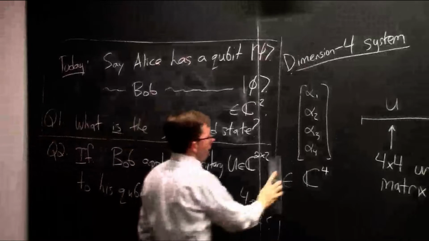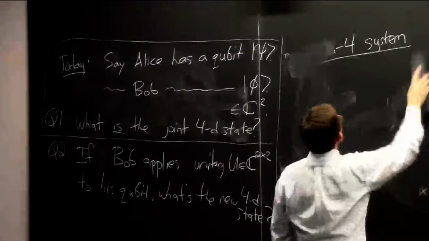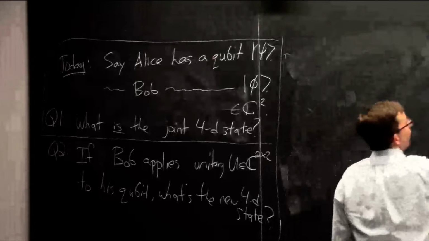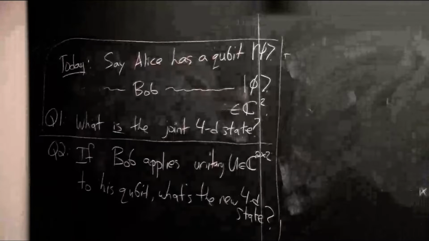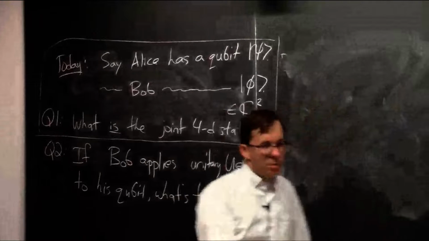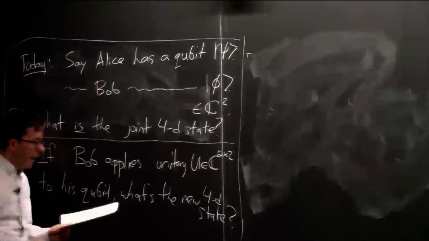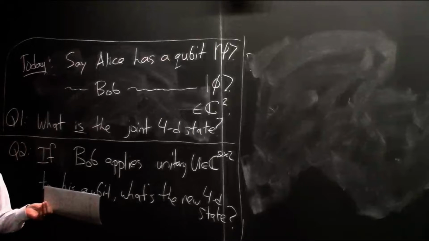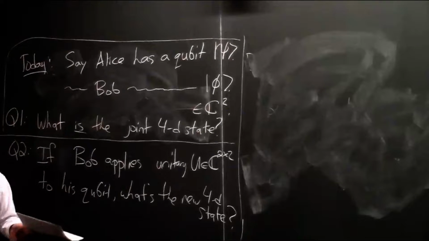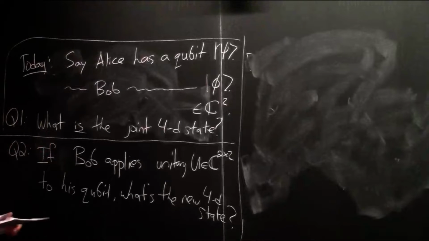OK, so imagine a little experiment where Alice has her own lab, and she sets up a photon in a certain qubit state, psi. And Bob has his own lab, and he sets up his own photon in a certain qubit state, phi. And then let's say they physically bring them together, because they're going to maybe do some operation that interacts with both of them.